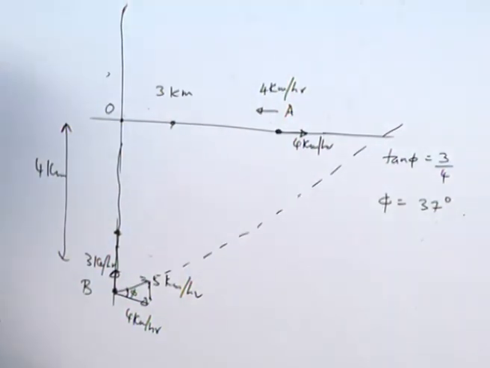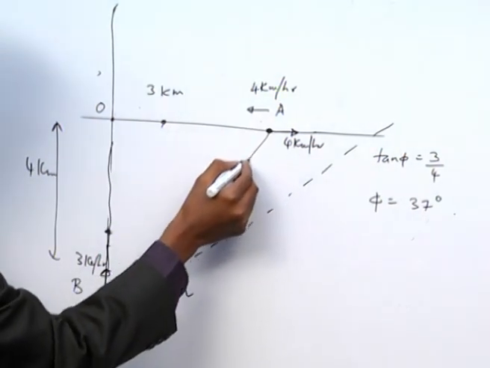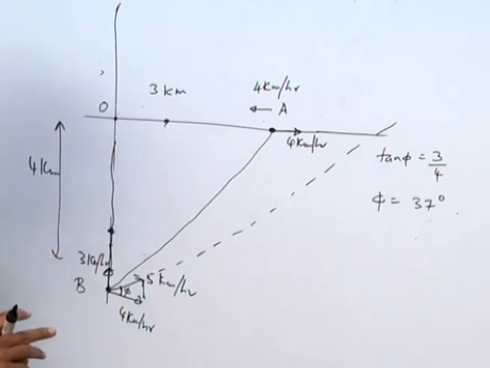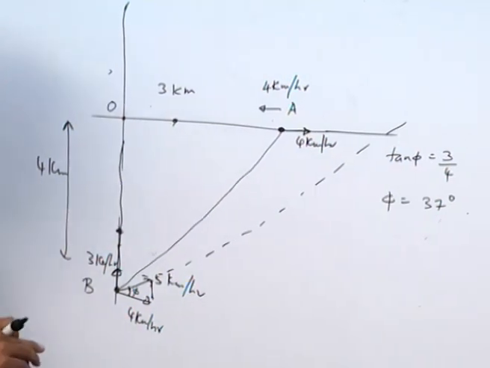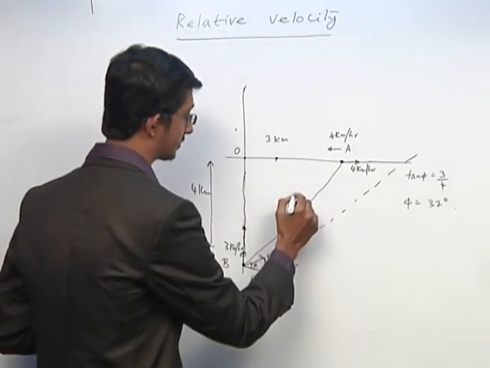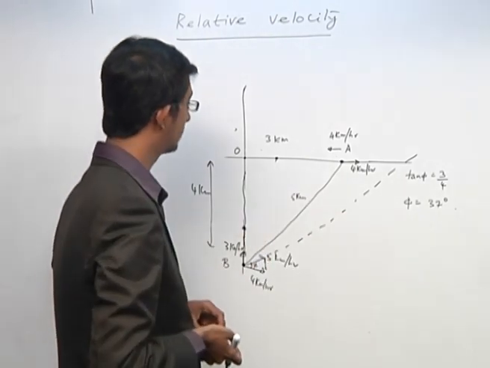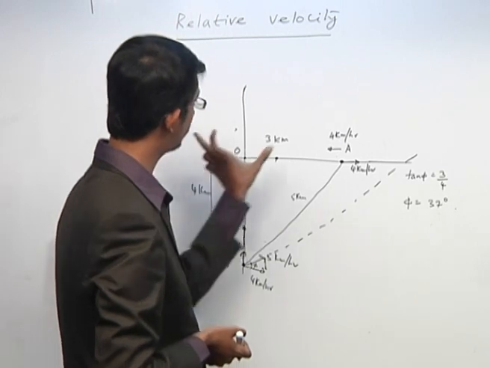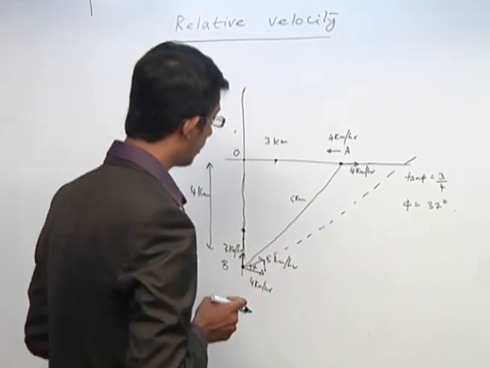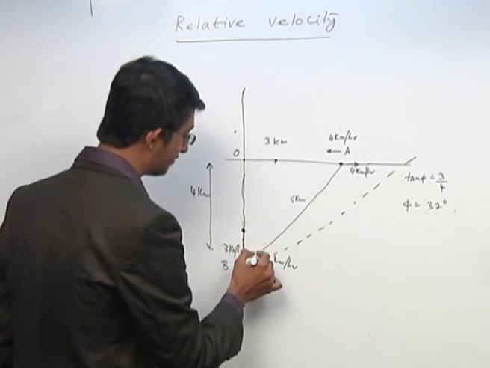Okay, now we will also join A and B. This length right now is given by 5 kilometers. Why is it 5 kilometers? You can check that. 4 square plus 3 square is 5 square. And what angle does this line make with horizontal?